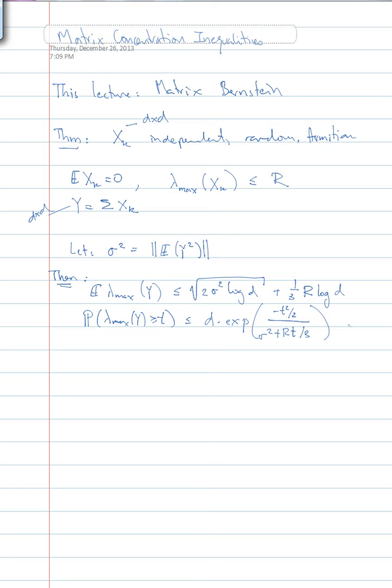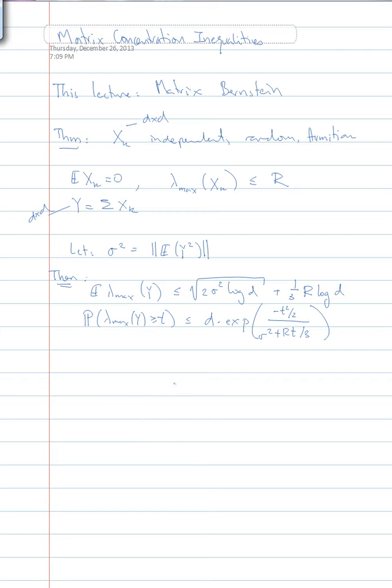So how are we going to prove this? This is very similar to the Chernoff bound in that if we look at the primitives here, we know that we have something that looks like the trace of log of e to the theta Xk, and we don't want to use that in our bounds.